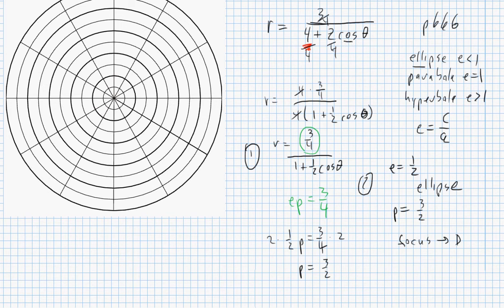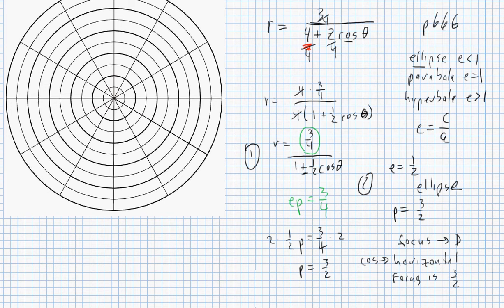Cosine indicates that it's going to be horizontally oriented, where if it had been a sine, it would be vertical. So cosine tells us that it's horizontal. And since it is plus in the equation, that indicates that the directrix is 3/2 units to the right of the pole, which is where the focus is.